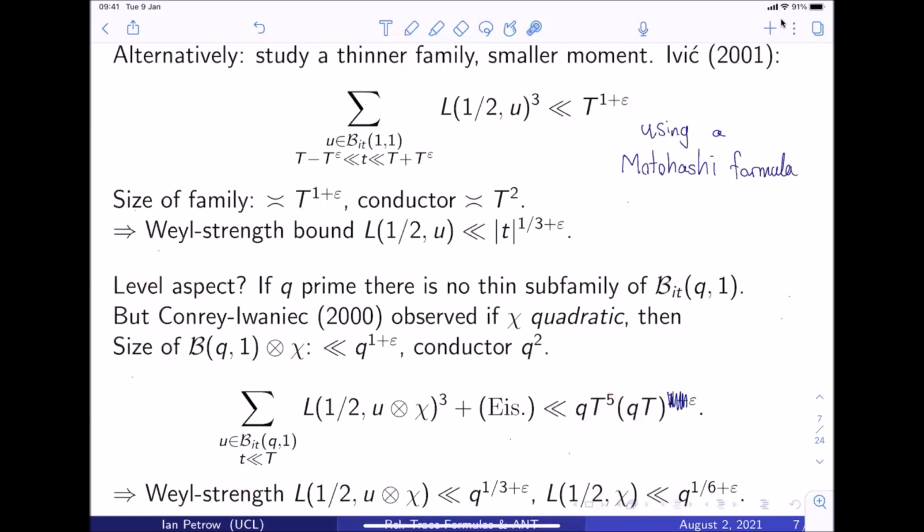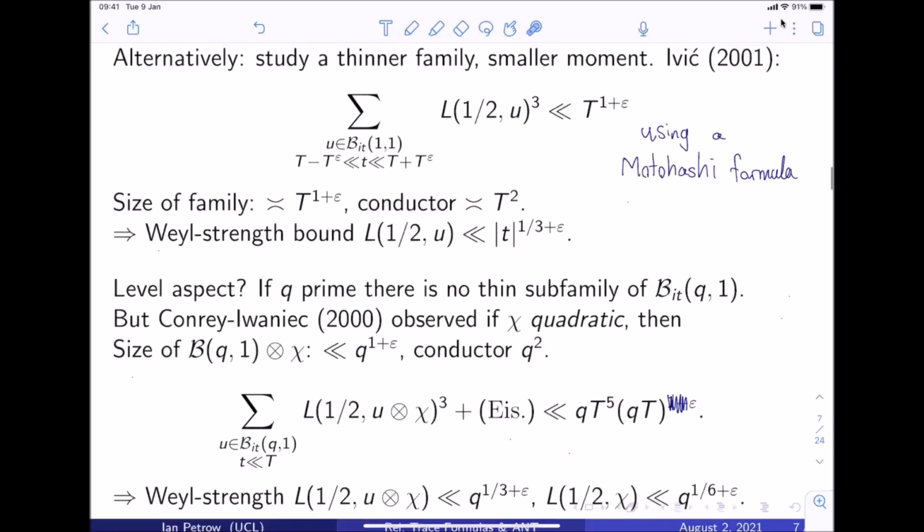It's nice when you have the pen going at the same time that you're giving the talk and you find an error, you can just scribble it out. So anyway, this is again like a Lindelöf on average upper bound in Q aspect, and it's anything polynomial in T aspect, and that we don't care so much about anymore. So maybe just an interesting remark also, Ivić versus Conrey-Iwaniec.